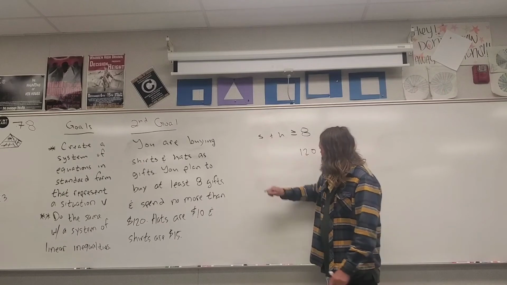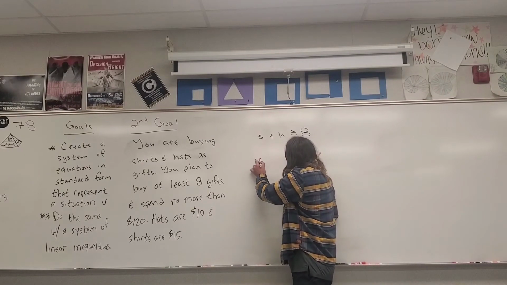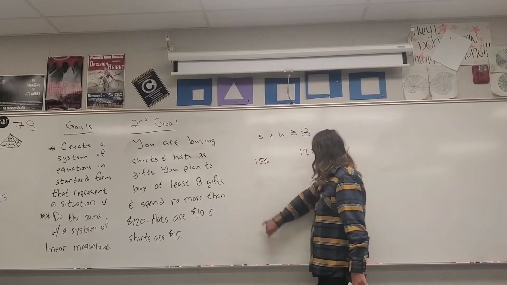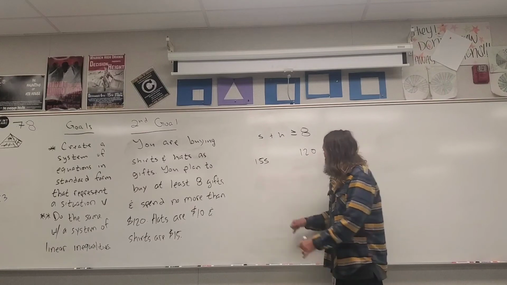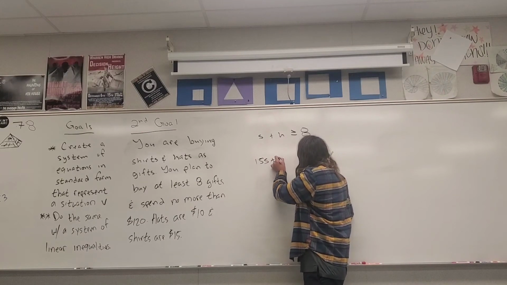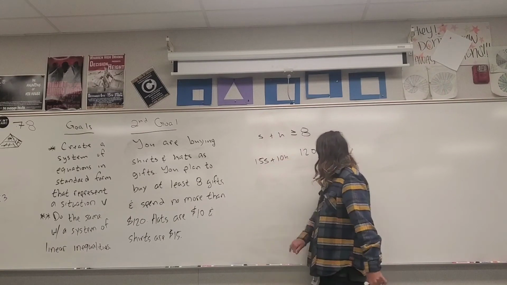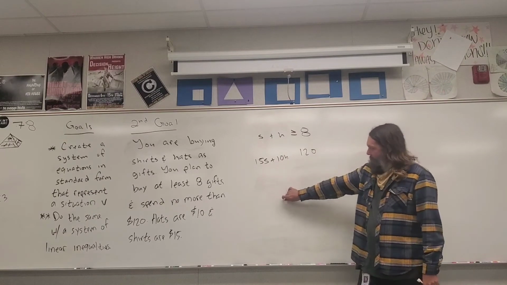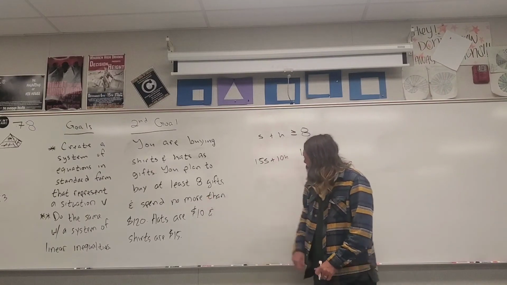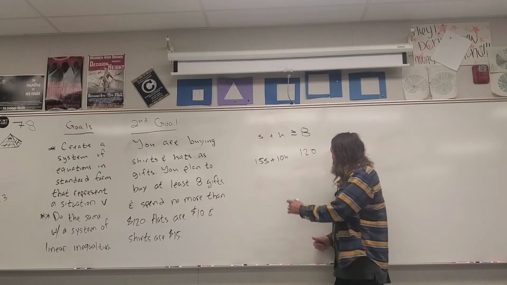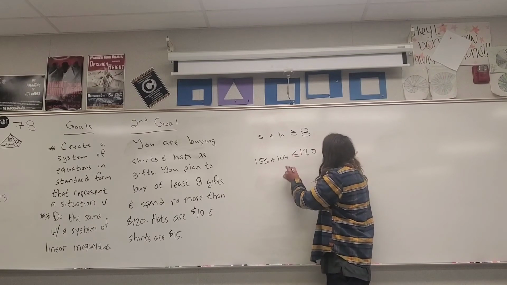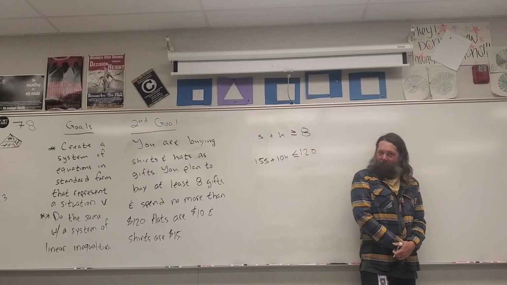Shirts are $15, so I'm going to say 15 times S, that's how much I'm spending on shirts, and I'm going to say 10 times H, that's how much I'm spending on hats, but I'm not spending more than $120, so this side has to stay below the $120 mark.